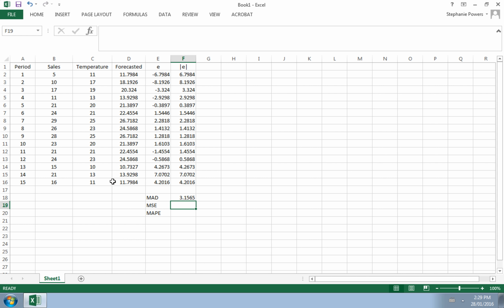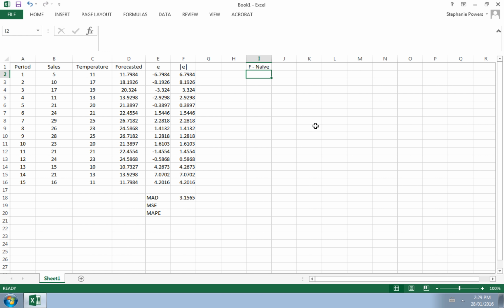We know that the bigger the forecasting error, the bigger the mean absolute deviation will be, right? The bigger the forecasting error, the bigger the average of the errors. So to really see if this is a better model, we need something to compare it to. So let's compare it to a forecast, but this forecast is going to be a very naive forecast.